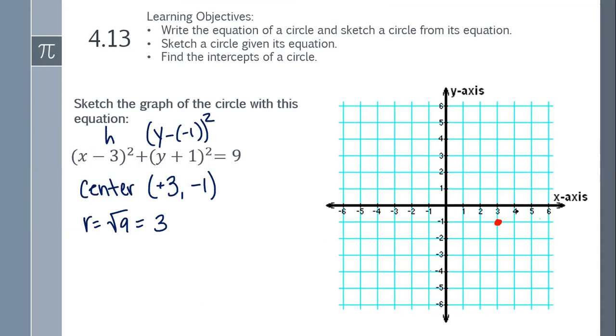So since my radius is 3, I'm going to go 3 right, 3 up, 3 left, 3 down. 1, 2, 3. 1, 2, 3. That looked a little high.